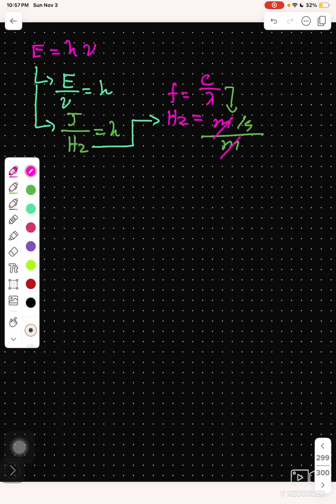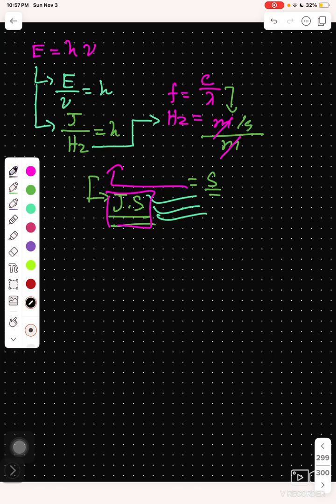Guess what? Meter cancels, we get seconds, and this combines with joules so that we get joule seconds. So the unit is correct. Even if you use kinetic energy or any other energy, because energy has many forms, you will get the same joule seconds.